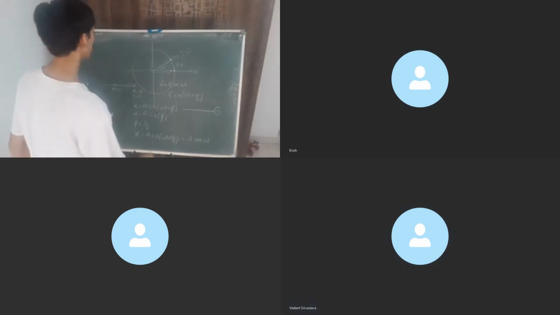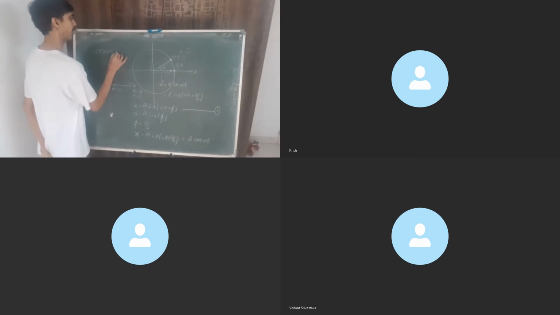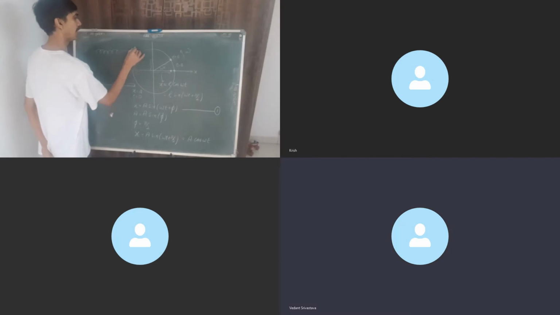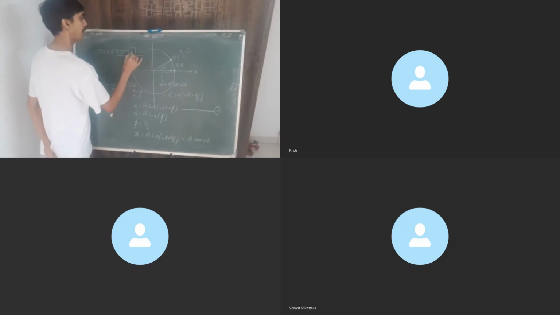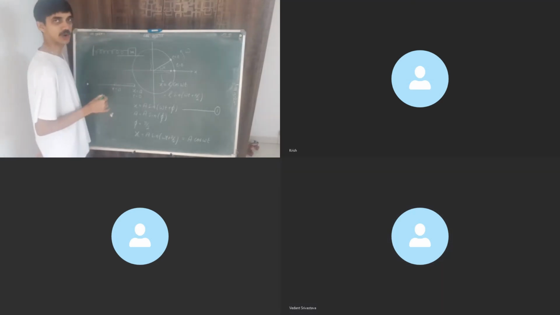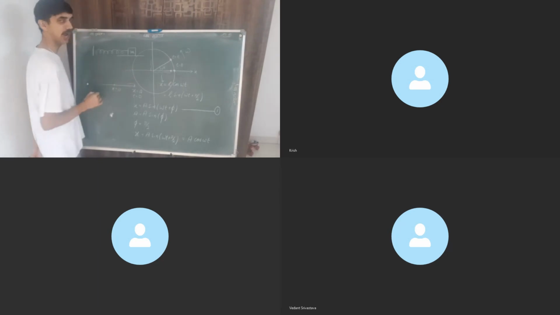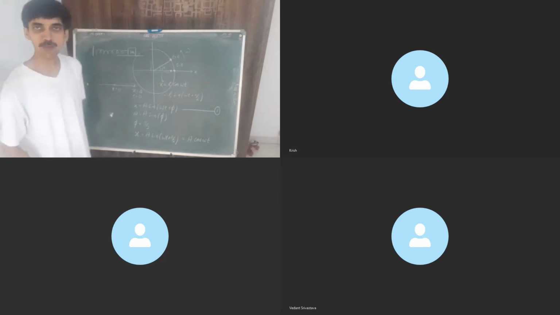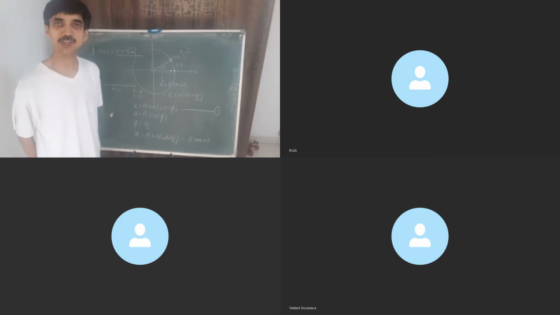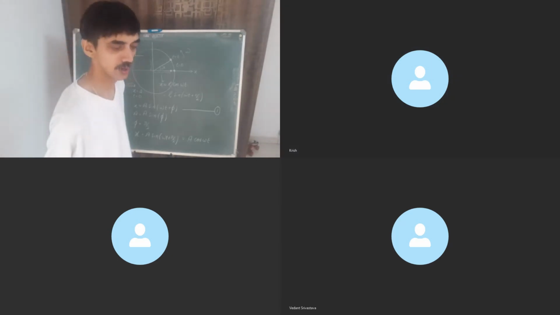Either the particle was released, for example, there is a spring, the spring was stretched, the mass was over here, and then you release it. As you release, the mass leaves from the extreme position of its simple harmonic motion, right?